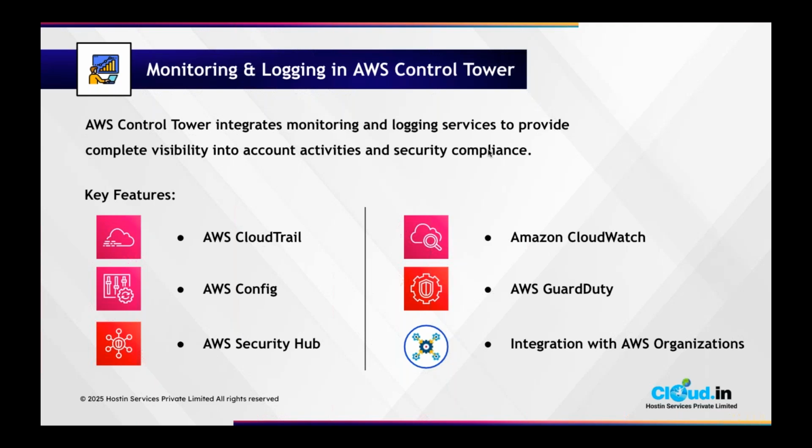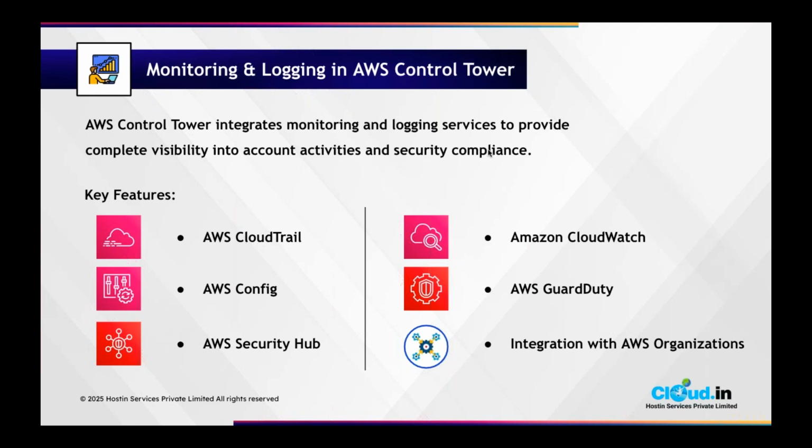Now, the next third key feature is AWS Security Hub. This is your command center for security findings. It pulls data from AWS Config, GuardDuty, and many other security tools into a single dashboard.